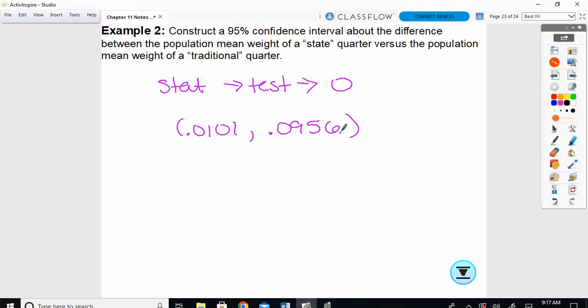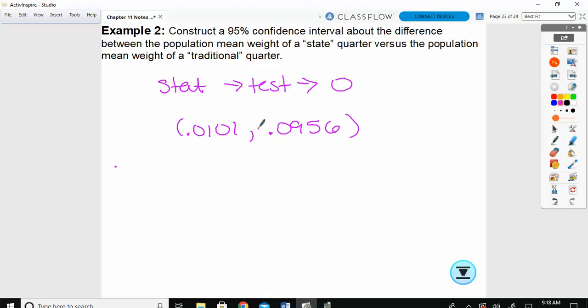Okay, so what does this mean? The null hypothesis is that the two means are the same. If they are the same, then what should you get when you subtract them? 0. So if 0 is in our interval, that's like saying they are the same, so we wouldn't reject.